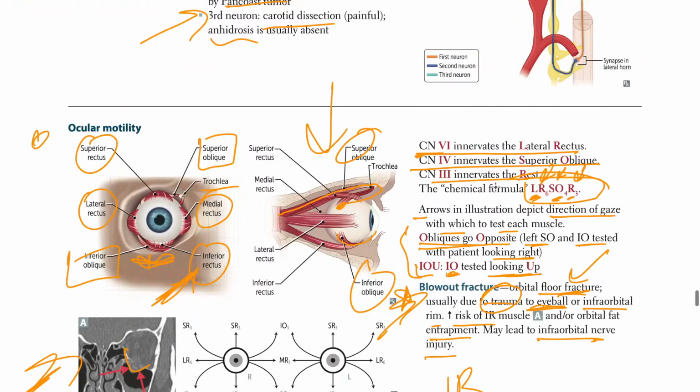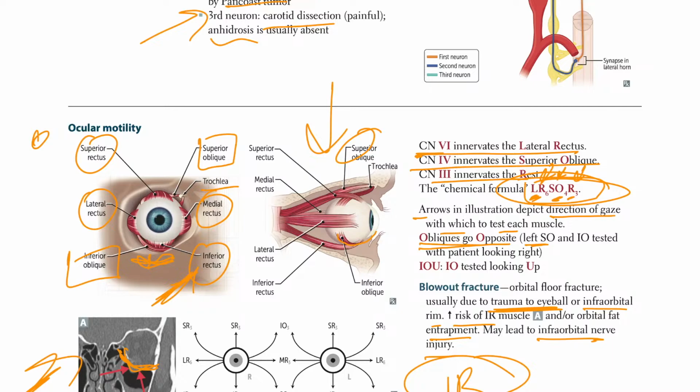Ocular motility, LR6, SO4, R3. Blowout fracture is all about trauma to the eyeball, causing this inferior rim to fracture because it is prone to fracture, causing inferior rectus entrapment, because the inferior rectus is at the very bottom, right?